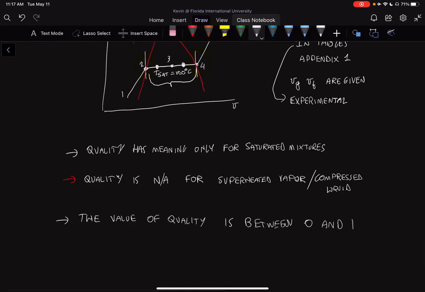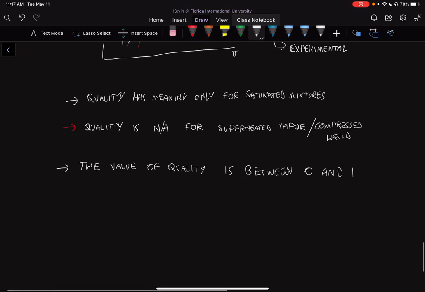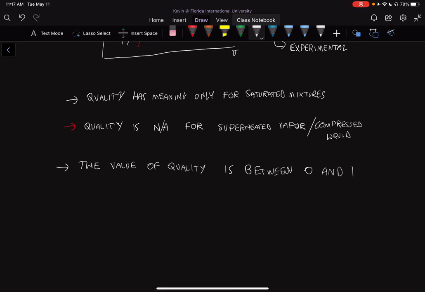So the value of quality is between 0 and 1. And remember, just as a quick example, x is equal to the mass of vapor over the mass total.